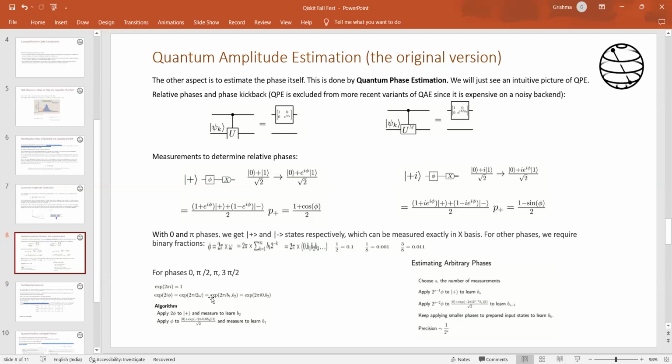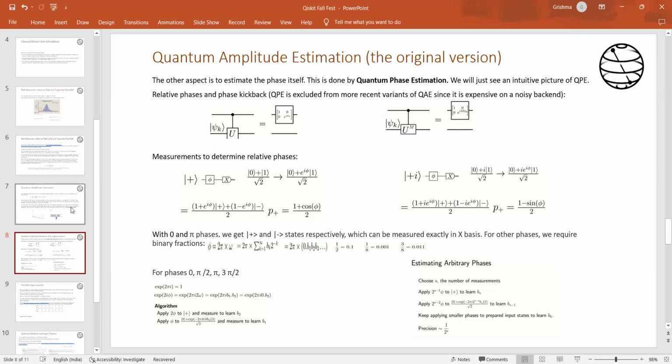So yeah, this slide looks pretty packed, and I won't go into the details of quantum phase estimation, but the key thing to note about quantum phase estimation is a very, very important concept known as phase kickback, which comes in several algorithms.